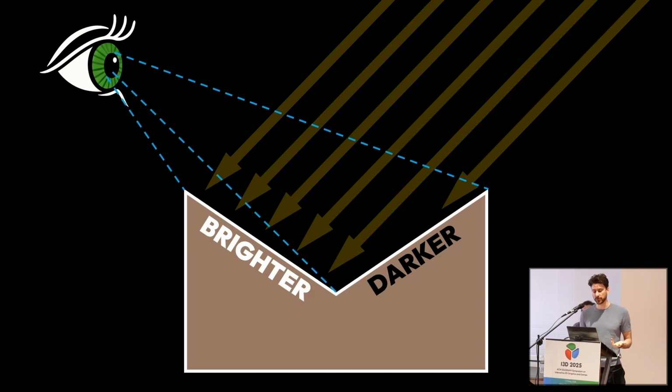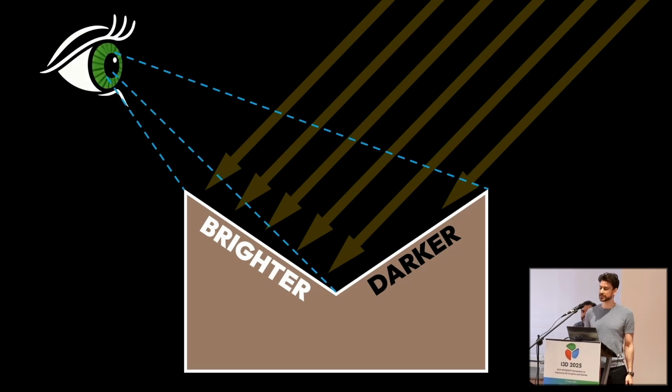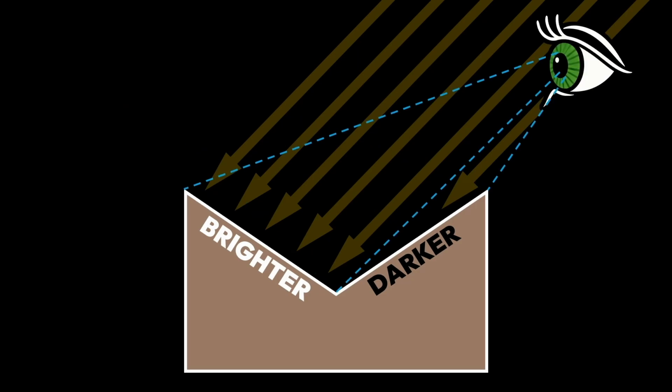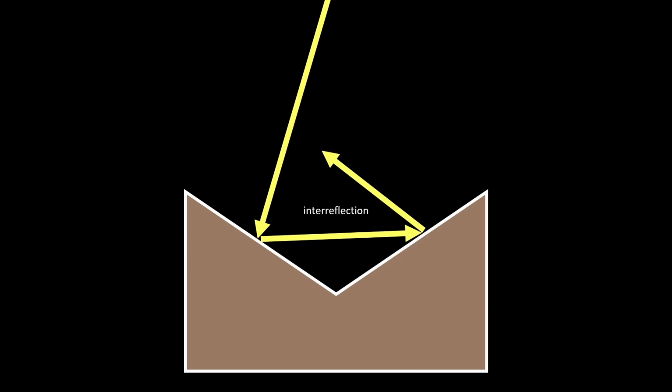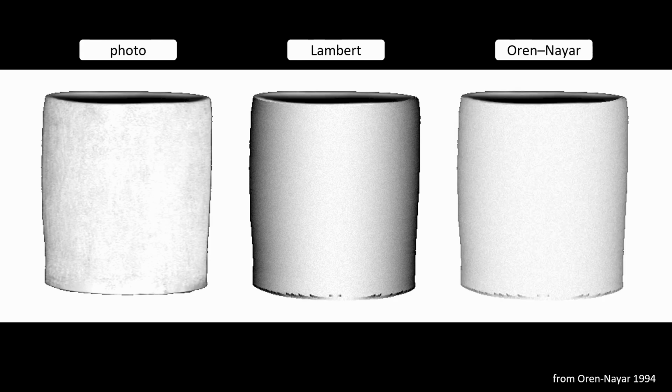And if we look from the right side, we'll see more of the brighter microfacets. So this becomes a view-dependent diffuse BRDF. And in addition, Oren and Nair even simulated one bounce of diffuse interreflection among these microfacets. And when they rendered their new model, it matches the photographic reference much more closely.